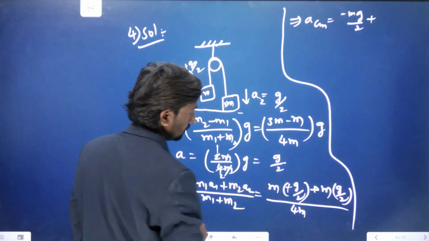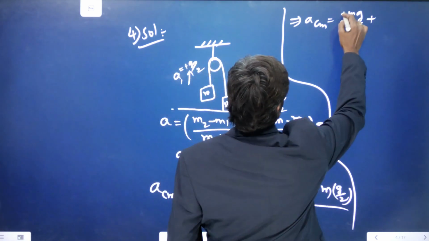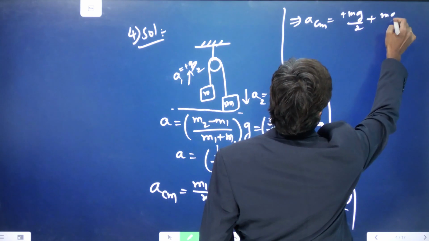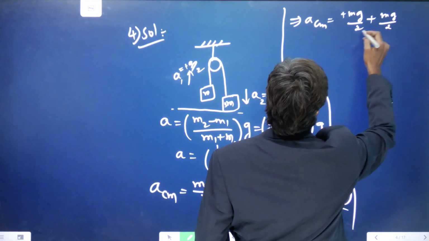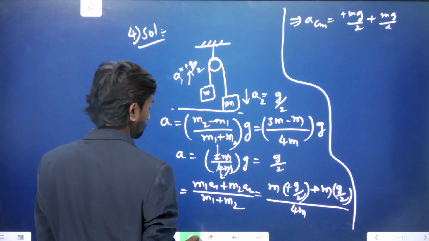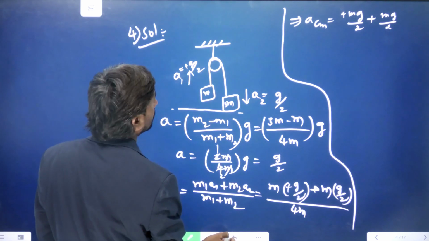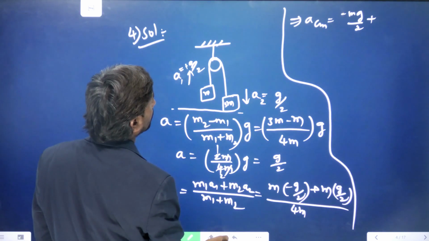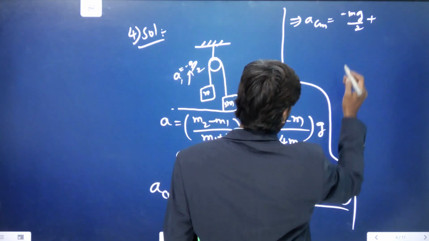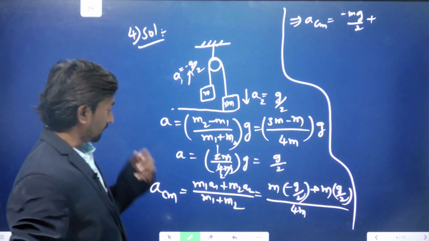So plus mg by 2, sorry, this is minus only, you write there minus mg by 2. Okay, so now here we'll get the second mass, m2 is what there?